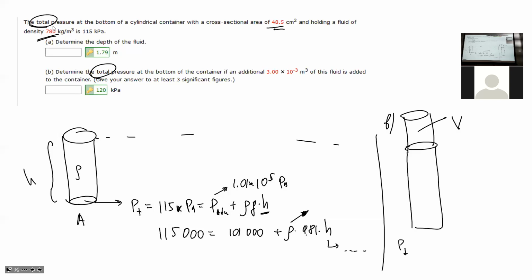Your total pressure will be equal to the atmospheric pressure, 101,000, plus density times 9.81 times new height. This is your new height. Of course, the new height will be equal to the old height plus an additional height.